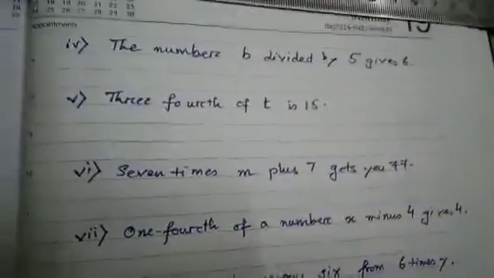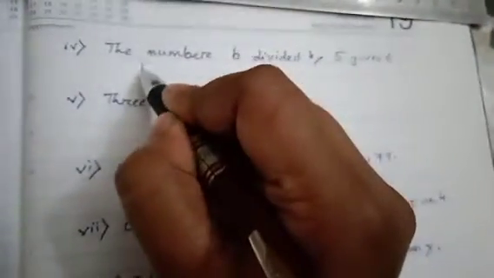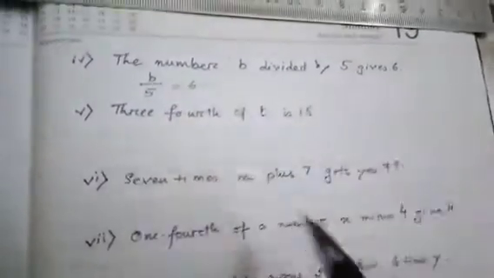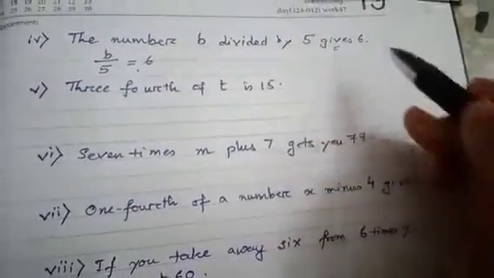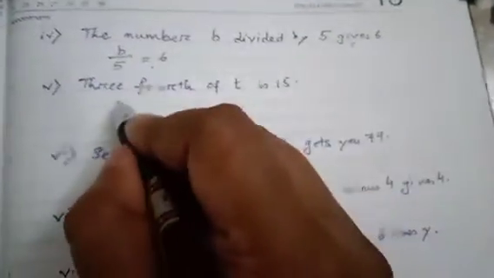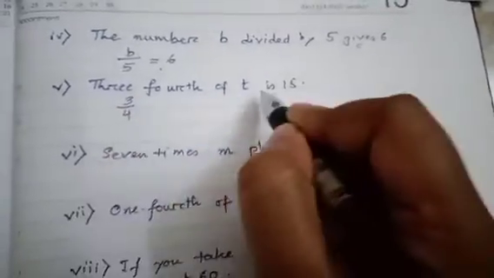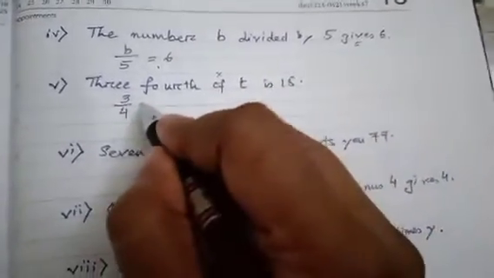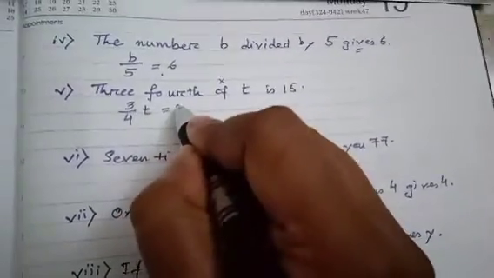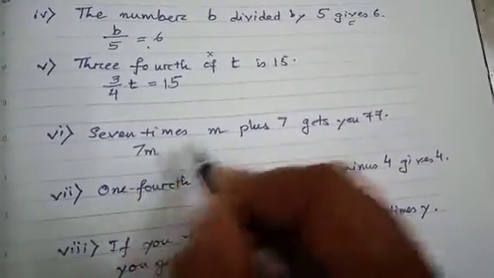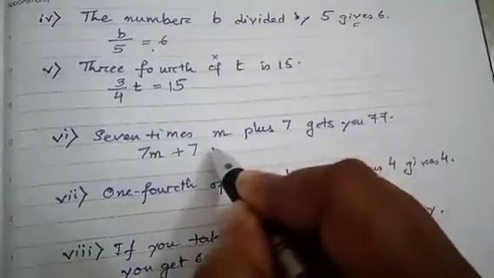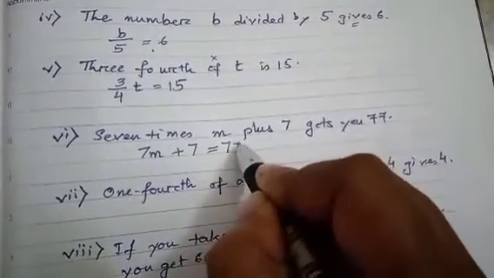Alright. Next one. The number b divided by 5 gives 6. The number b divided by 5, b by 5, is equal to 6. Then 3/4 of t is 15. 3/4 of means into. So 3/4 into t, that is 3 by 4 t, is 15. Then 7 times m plus 7 gets you 77.